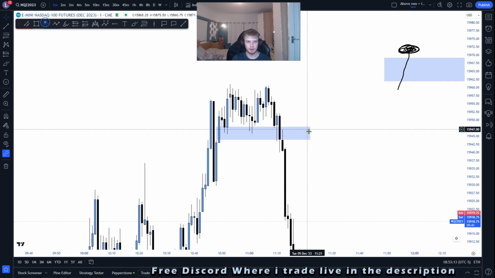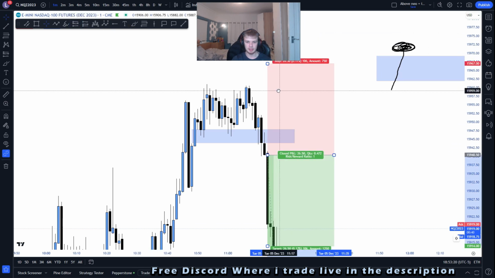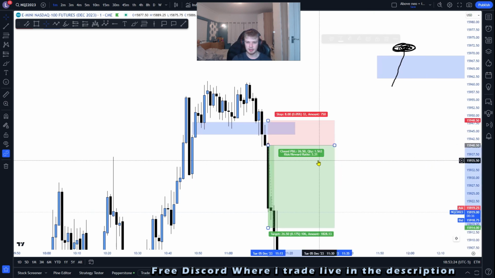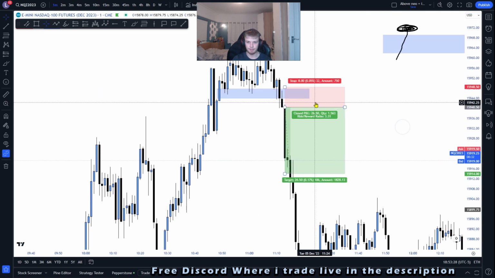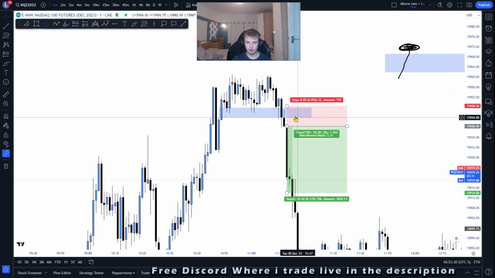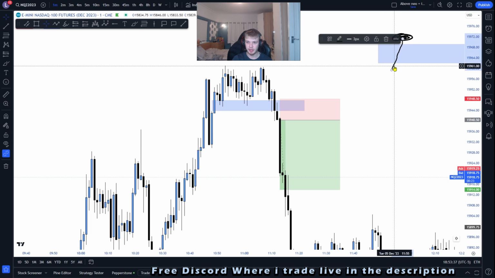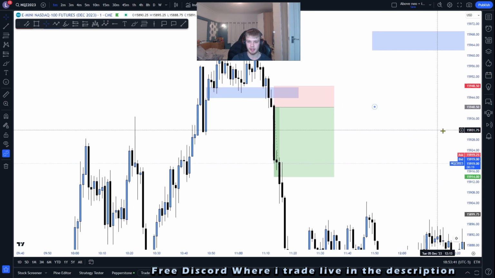Now, a lot of you are sometimes confused by this, and you tell me, "Why don't I wait for a retest of this inversion fair value gap?" And this is a prime example of why I don't wait for a retest. It is because you don't always get the retest, and if you want to wait for the retest, you can. But what I've found is I don't always get the retest of the inversion fair value gap.